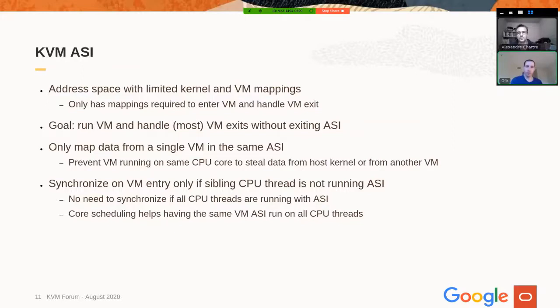So this synchronization is really needed. In that area, core scheduling is going to help, because with core scheduling you are going to be able to schedule processes from the same VM on the same CPU core. So you would know that at least it's the same VM, and you just have the risk of being in kernel context where you can steal some data.